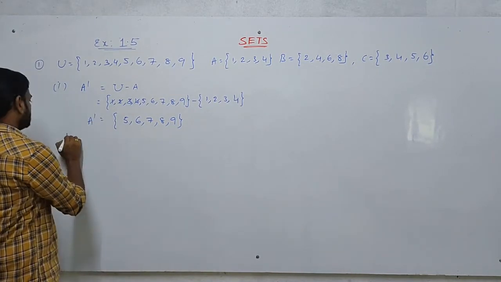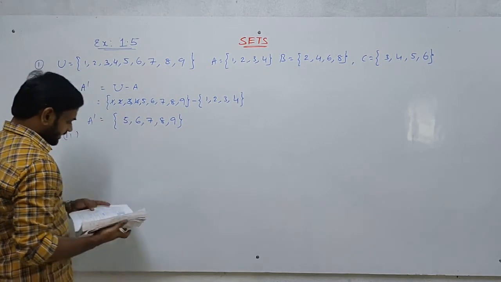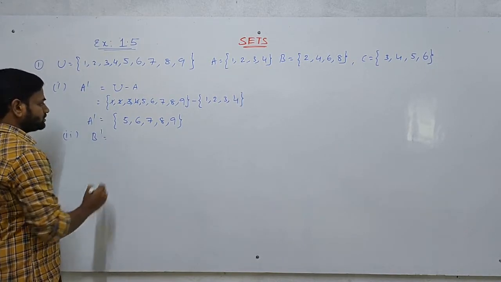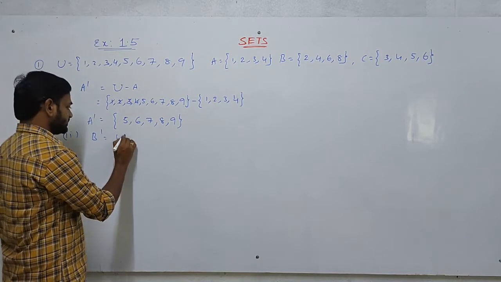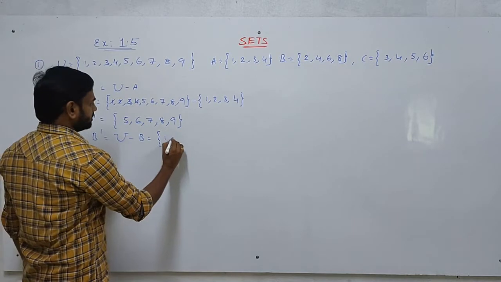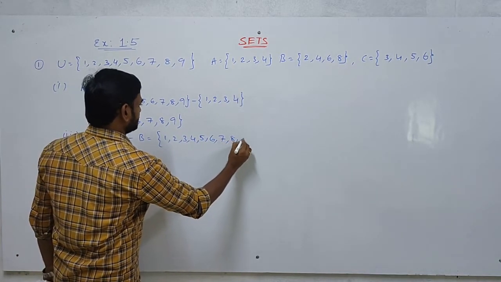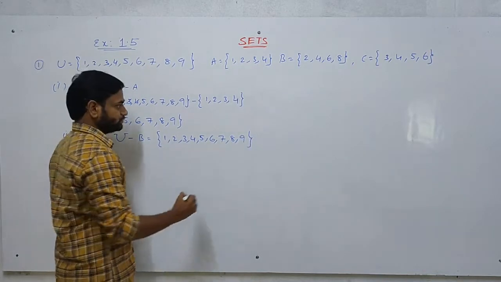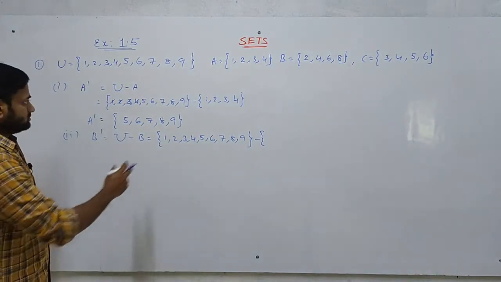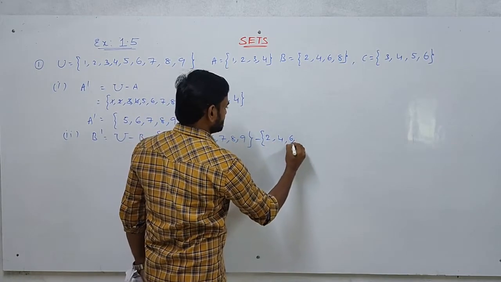Next, the second one is B dash. So B dash means U minus B. U is 1, 2, 3, 4, 5, 6, 7, 8, 9, minus B, which is 2, 4, 6, 8.